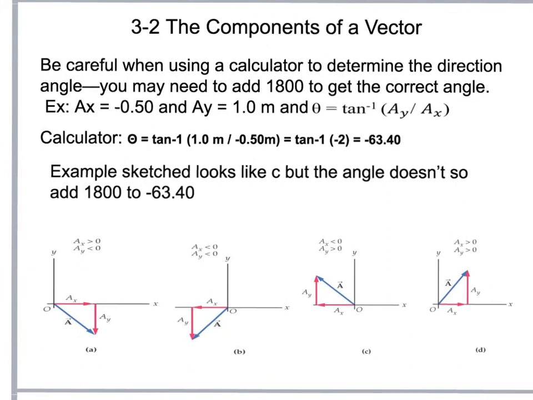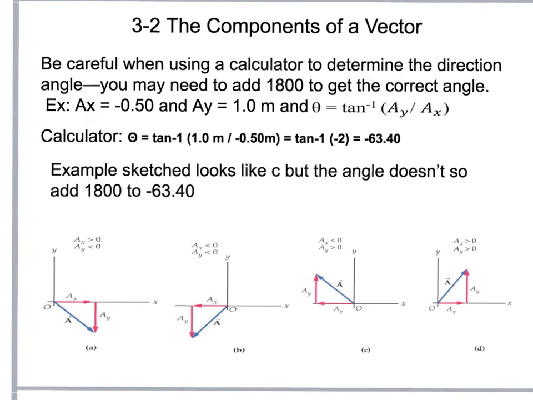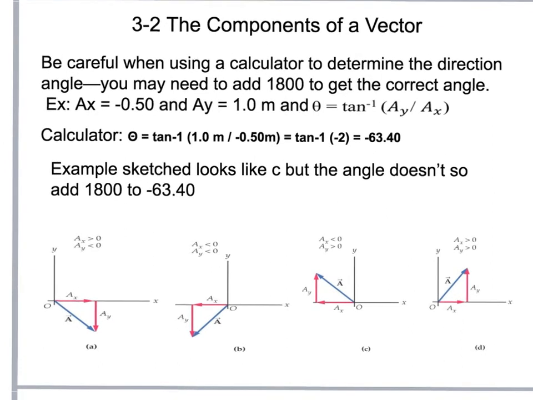And the package I use for these presentations is called Explain Everything, but when it imports degrees, it doesn't always import them correctly. So that's 180 degrees, and so we want to be careful when using our calculator to determine the direction of the angle. We may need to add 180 degrees in order to get the correct angle.